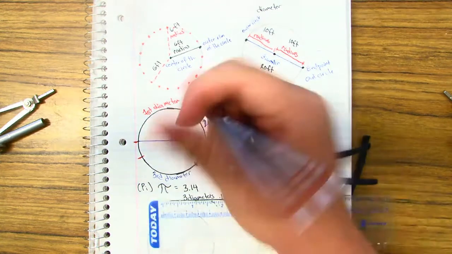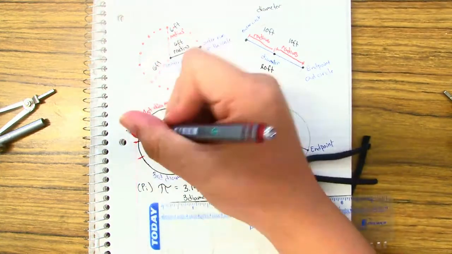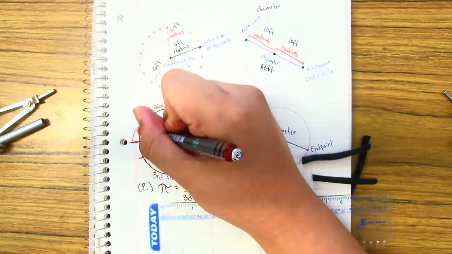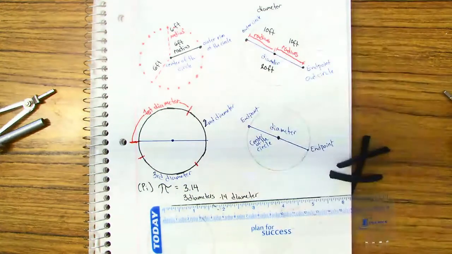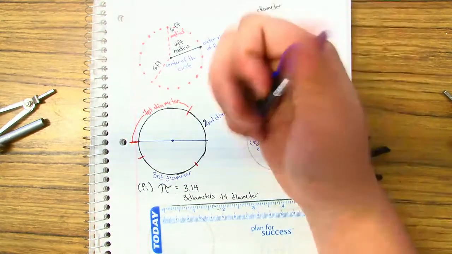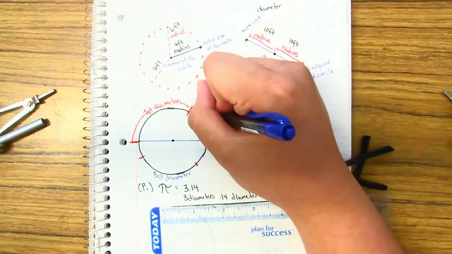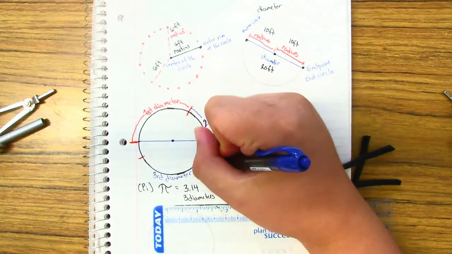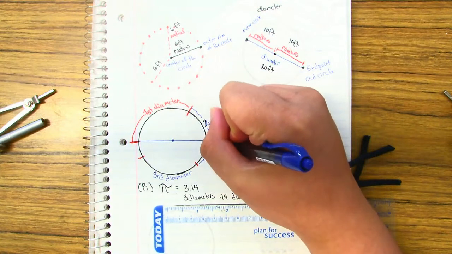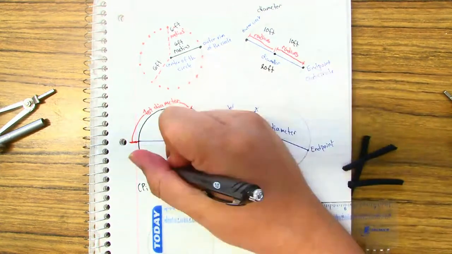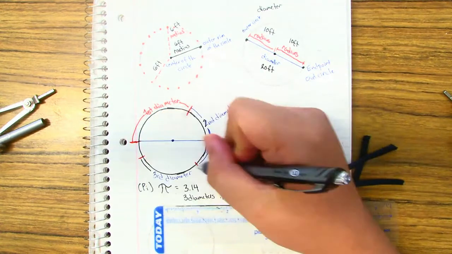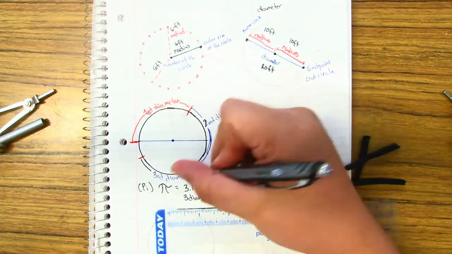So from this point all the way to this point will be your first diameter. And if you go from this point all the way to the next point of the circle, that will equal the second diameter. And from this point to this other endpoint will be the third diameter.